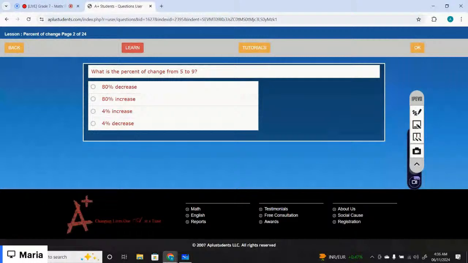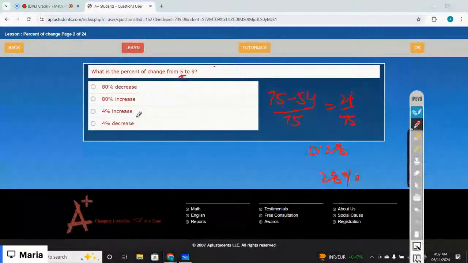What is the percent of change from 5 to 9? So the value is increasing from 5 to 9, right? So let's just calculate how much percent it is increasing. 5 to 9. So 9 minus 5 is 4. 4 divided by the original value 5, right?